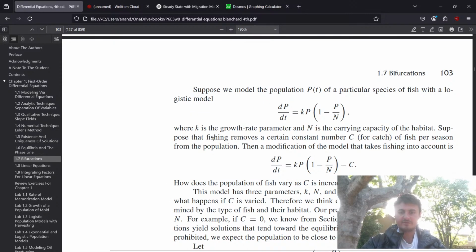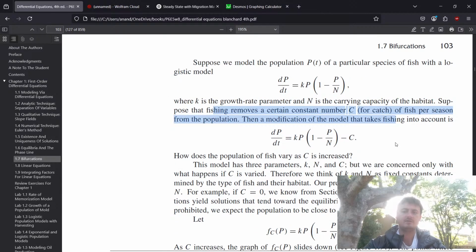Suppose that fishing removes a certain constant number of fish per year or per season. Then a modification of the model that takes fishing into account is given. How does the population of fish vary as C is increased?